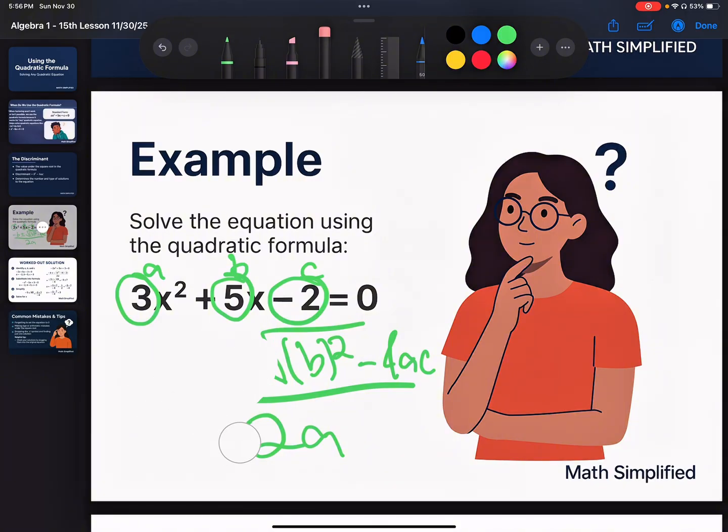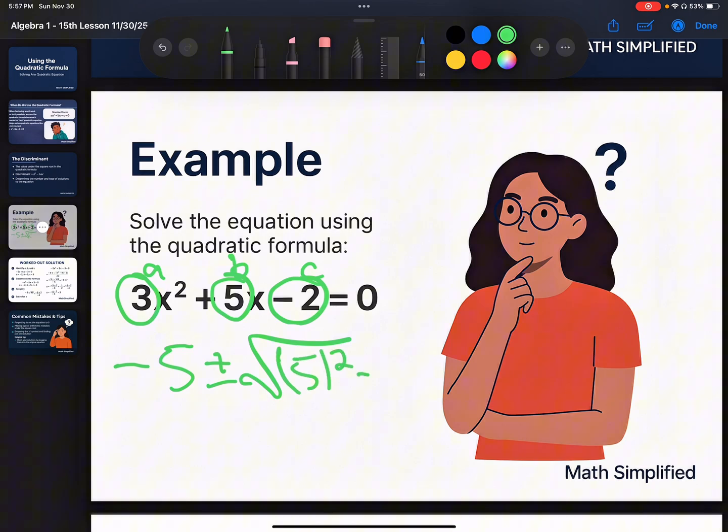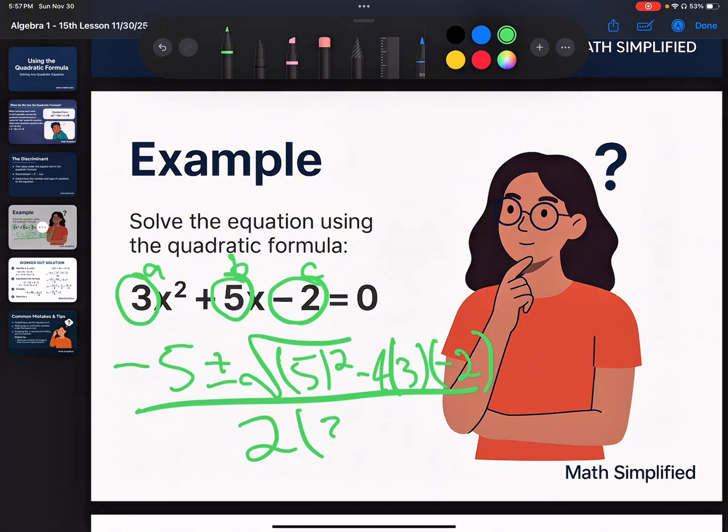So the way we do that, first, negative b would be -5, then plus or minus the square root of 5 squared minus 4 times a, which is 3, and then c, which is -2, divided by 2a, and 2a is 6. So we have -5 plus or minus, and this is all inside the square root, by the way.